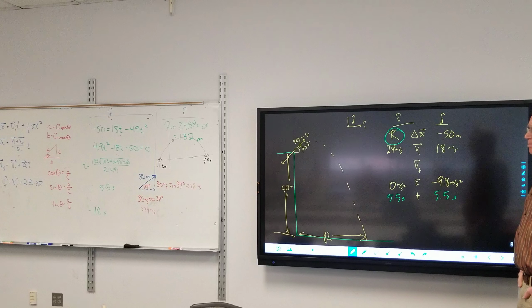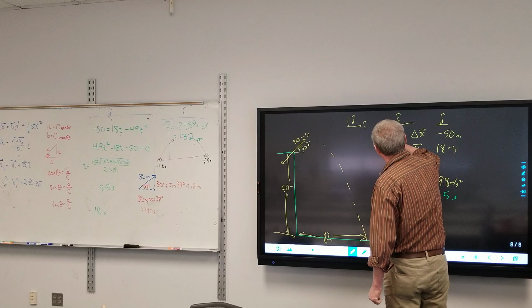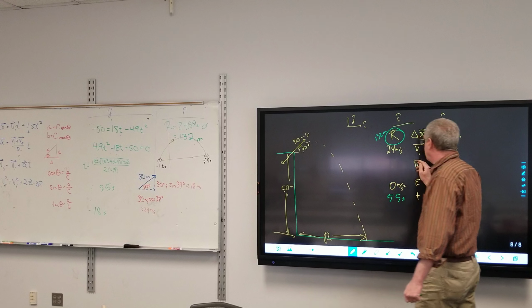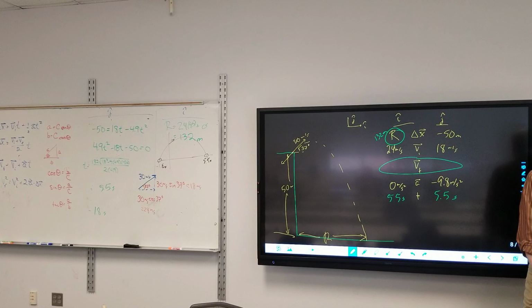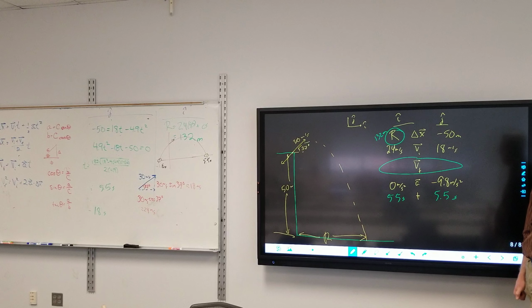All right, let's adjust it. What's the final velocity? You know this now. This is 132 meters. Now I'm asking, what is the final velocity? What formula would we use?